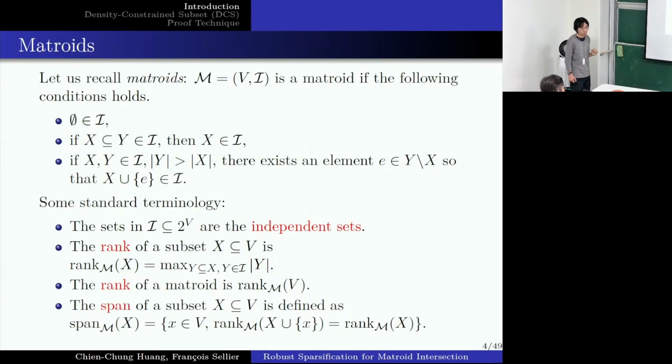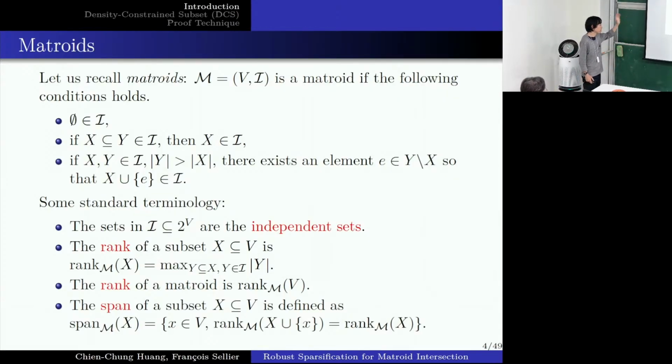The third property is the most interesting. Suppose you have two independent sets, Y and X, and Y is bigger than X, then you should be able to find an element from Y to add to X while keeping the independence of X. That's the most interesting property of matroids.